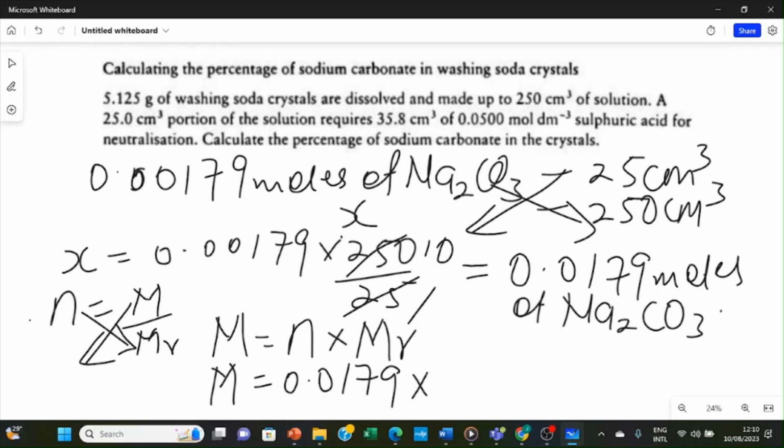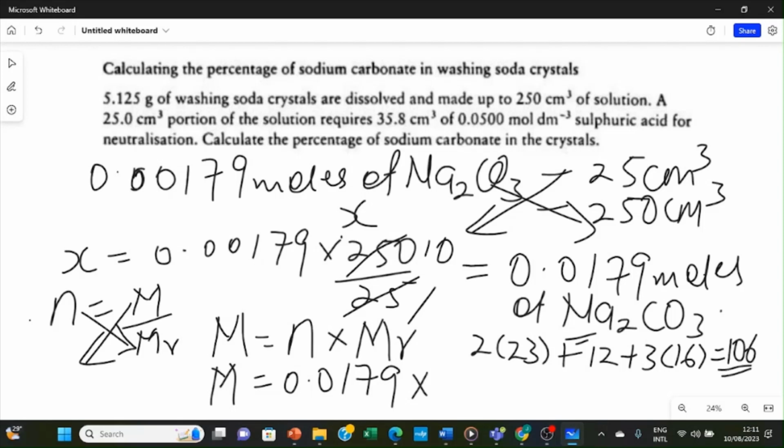Let's calculate the molar mass of sodium carbonate. So sodium is 23, so 2 bracket 23 plus carbon is 12 plus 3 bracket 16. So let me use my calculator. 2 times 23, which is 46, plus carbon is 12, plus 3 times 16, which is 48. So the molar mass is 106.